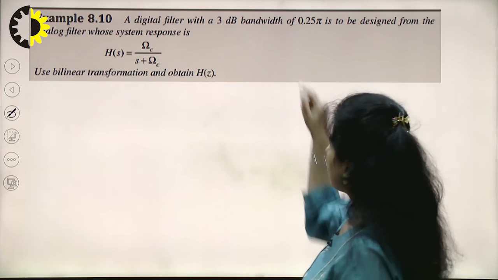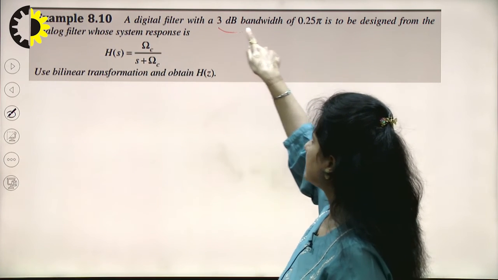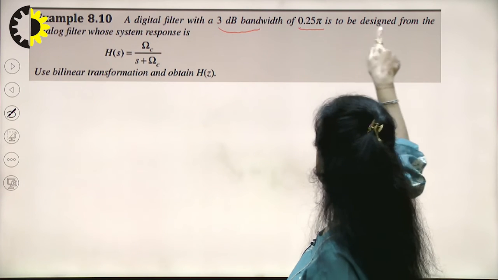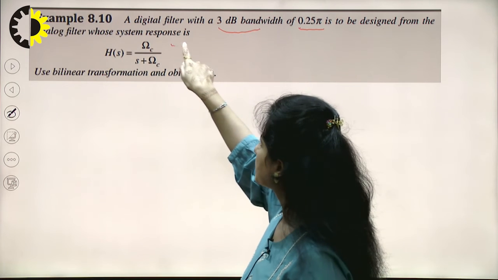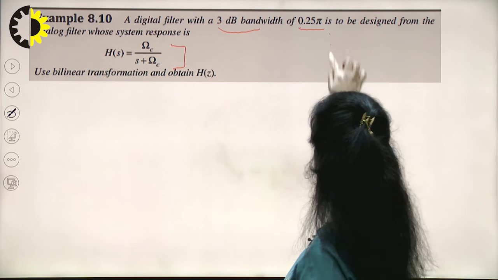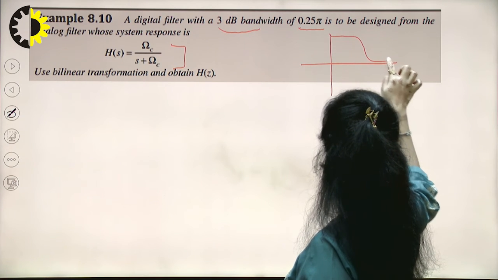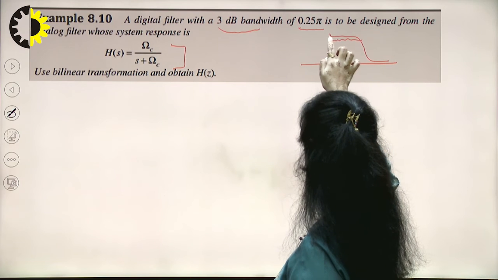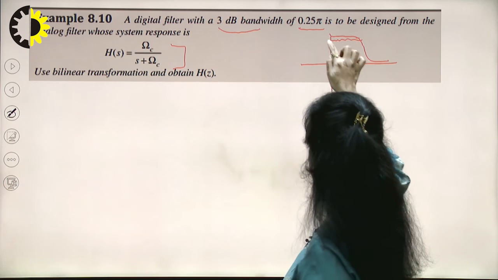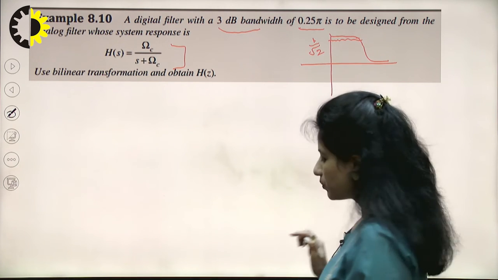Similarly, another digital frequency has been given to me: a digital filter with 3 dB bandwidth, given to be 0.25, is to be designed for this particular response. So 3 dB bandwidth is nothing but the point on this low pass filter where I start achieving the transition band, or I sometimes call it the 1 by root 2 bandwidth point also.